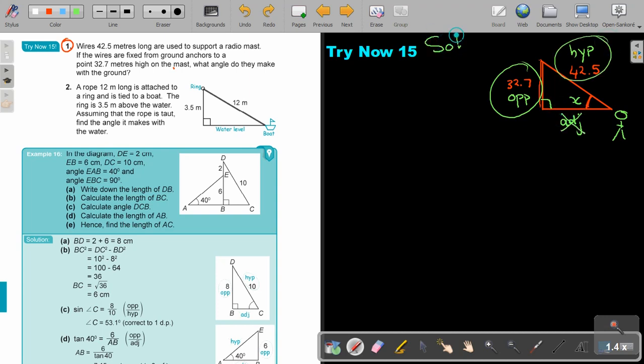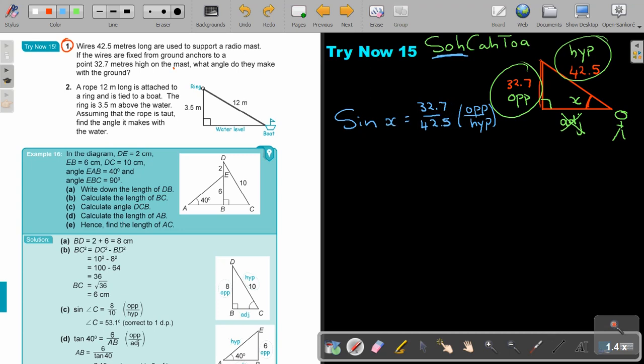So again, SohCahToa. If I look at opposite and hypotenuse, it's sin. So I will start by saying sin of X is opposite over hypotenuse, and the opposite is going to be 32.7, and the hypotenuse is going to be 42.5.